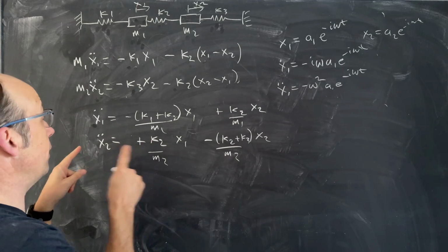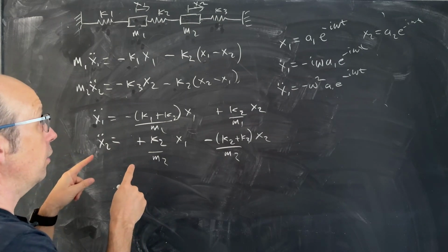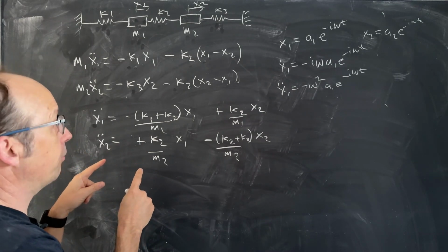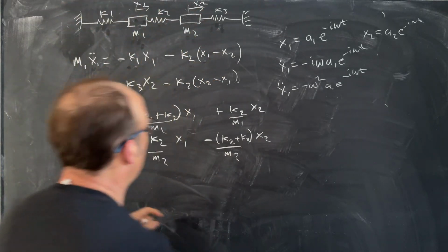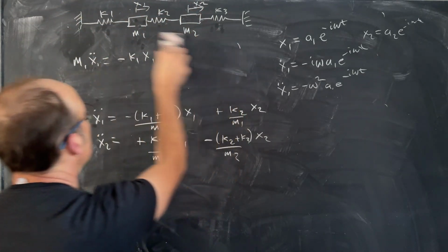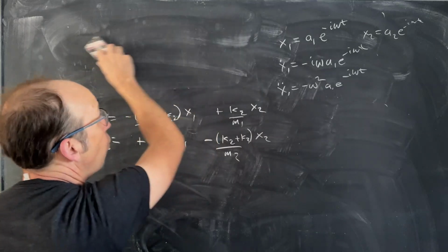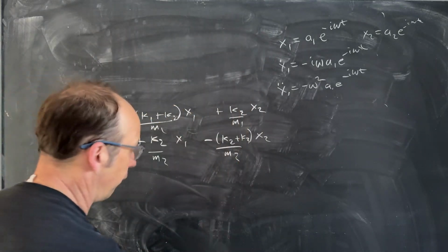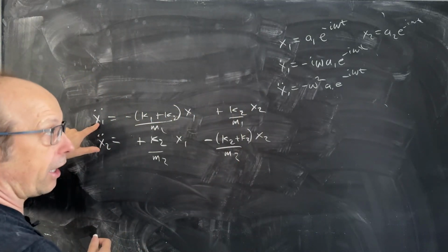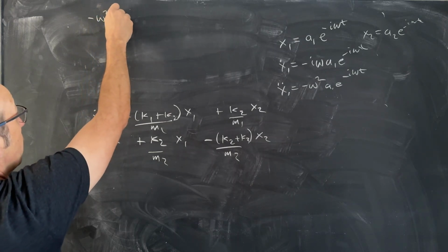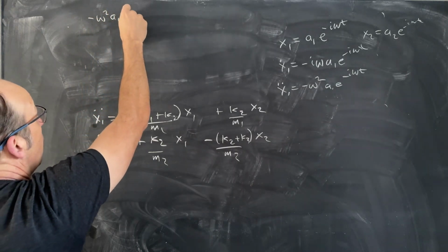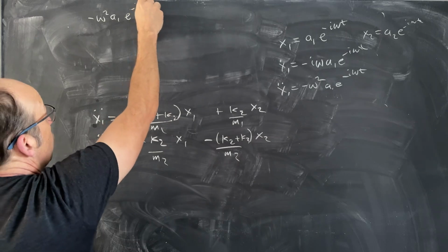I'm trying to think where I'm going to do that. What if I just erase all that and do it up top? You always have to think about what your next move is going to be and how you're going to arrange it. So right here, x1 double dot, I'm going to write as negative omega squared a1 e to the minus i omega t.